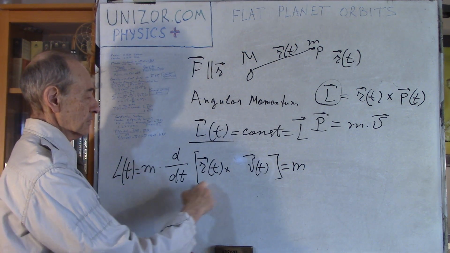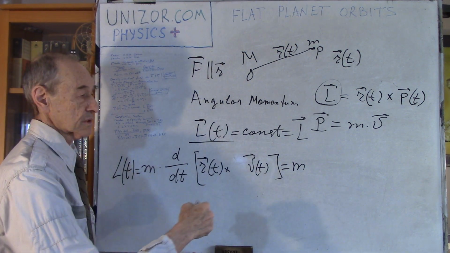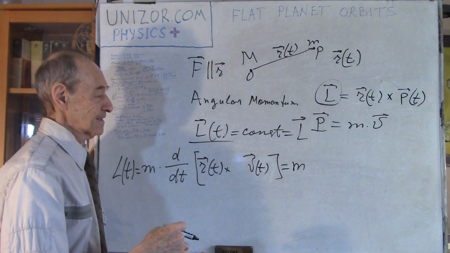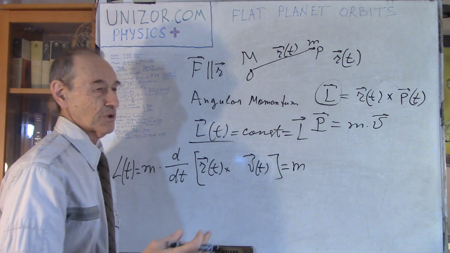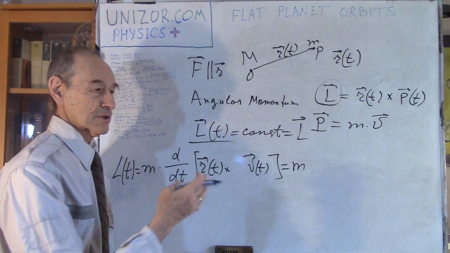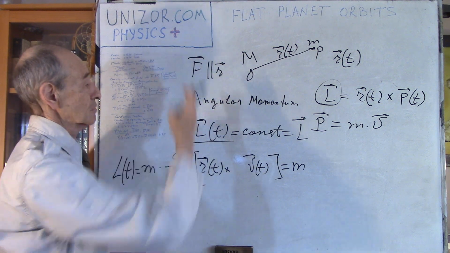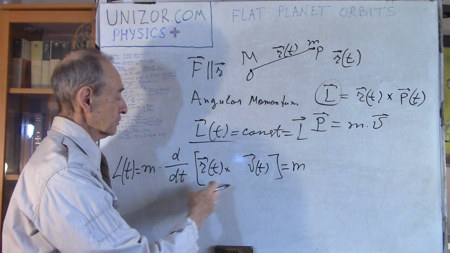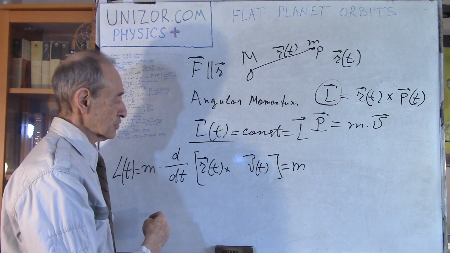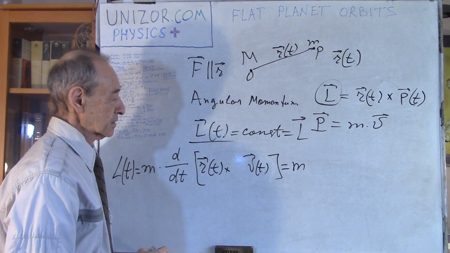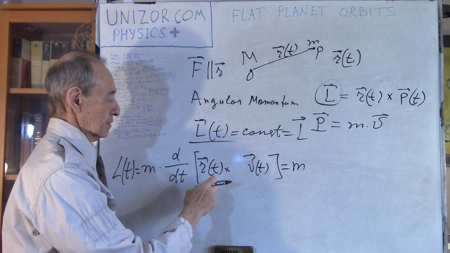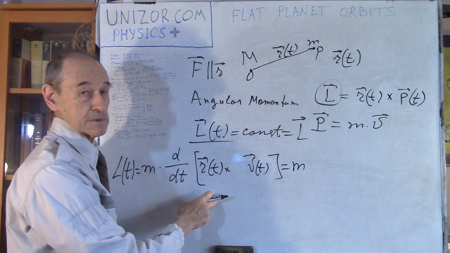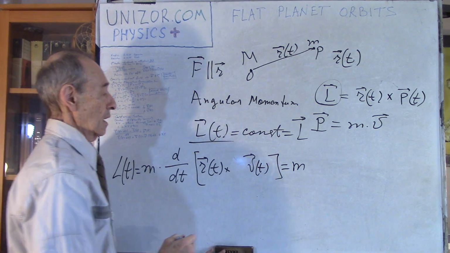Whenever I have a differentiation of a vector product, and again, if you don't remember, just go back to one of the lectures on Unizor.com dedicated to calculus, it's the derivative of the first times the second plus the first times the derivative of the second.